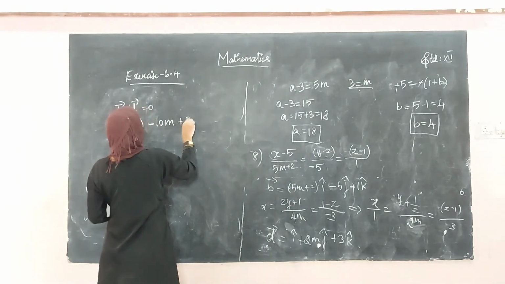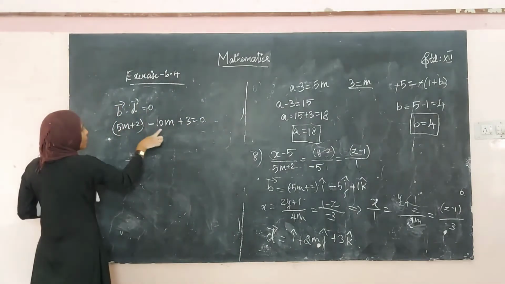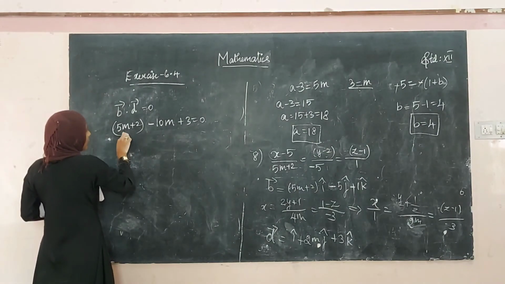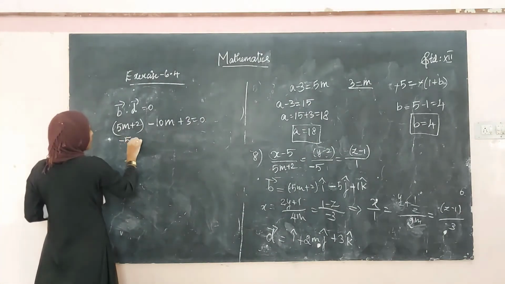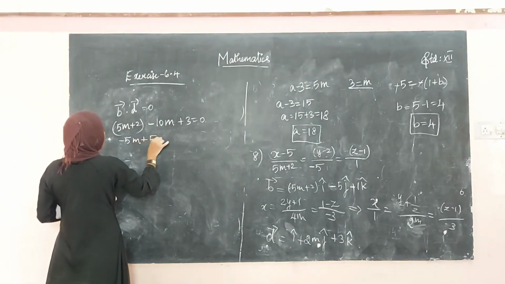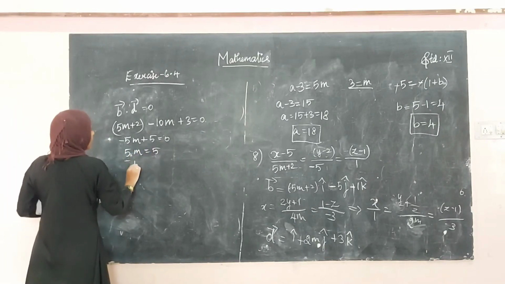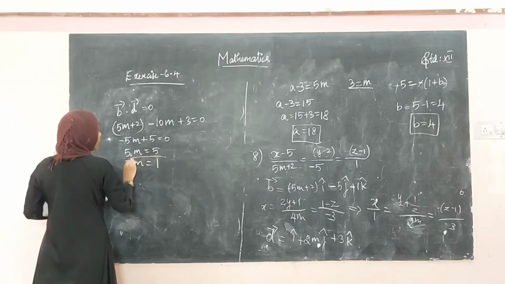So plus 3 equal to 0. So 5m minus 10m is minus 5m, plus 2 plus 3 is plus 5 equal to 0. So 5m is equal to 5, right? So m is equal to 5 divided by 5. So the value of m is 1.